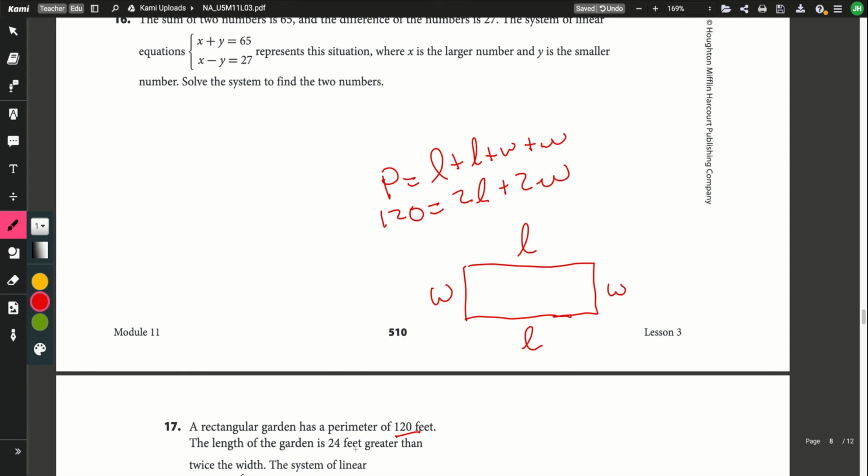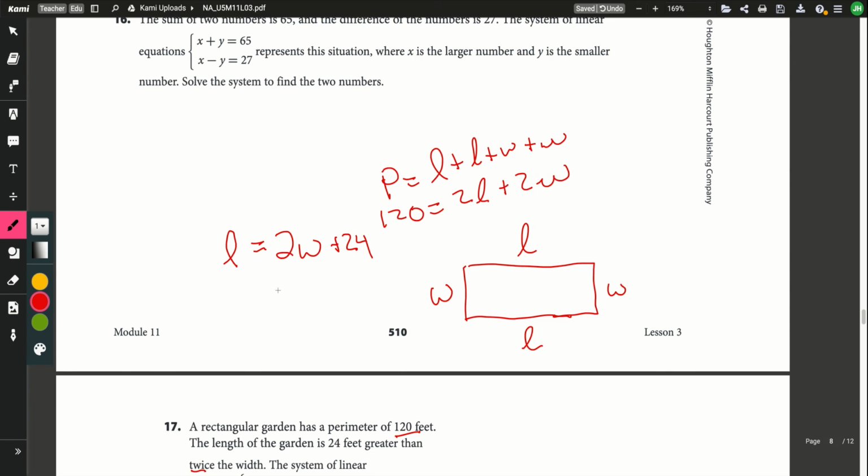The length of the garden is 24 feet greater than twice the width. Length equals 2 width, twice the width, plus 24. Okay?